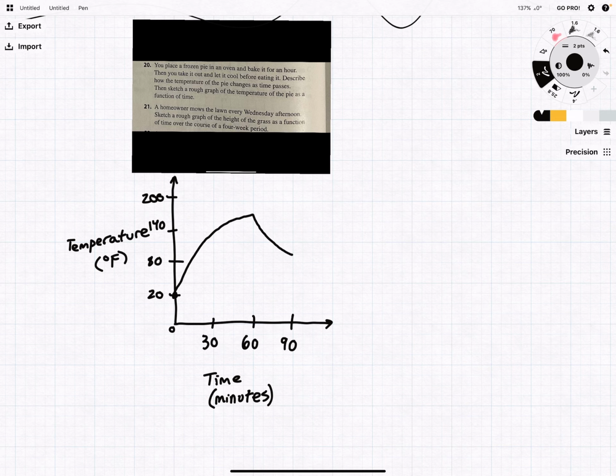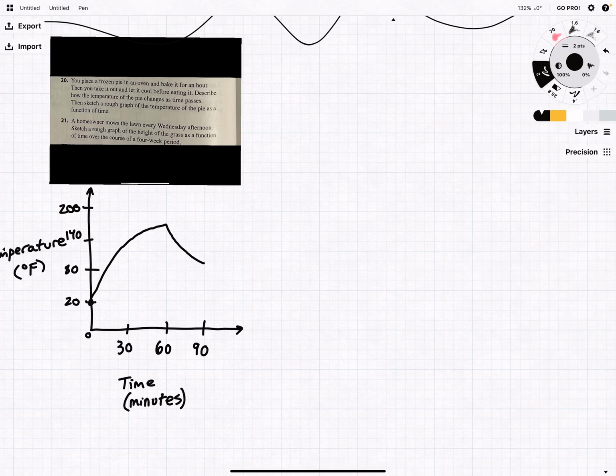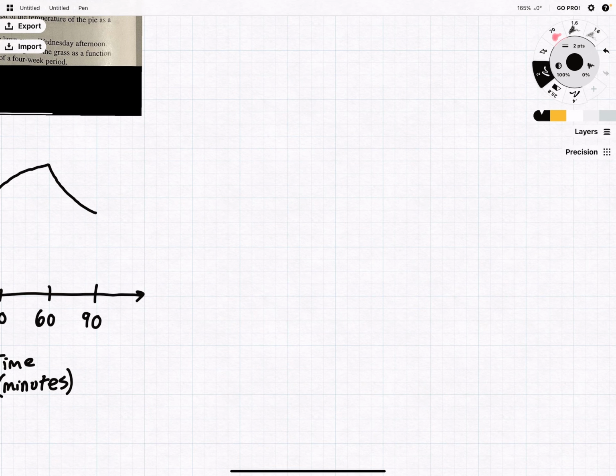A homeowner mows the lawn every Wednesday afternoon, so it's very exact when they mow the lawn. Sketch a rough graph of the height of the grass as a function of time over a 4-week period. Okay, 4 weeks, they're very particular with what they want. Every Wednesday, we have week 1, 2, 3, and 4.